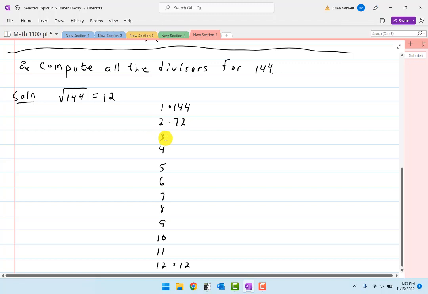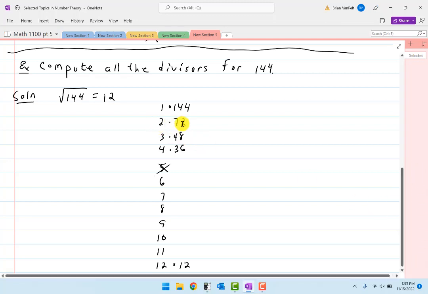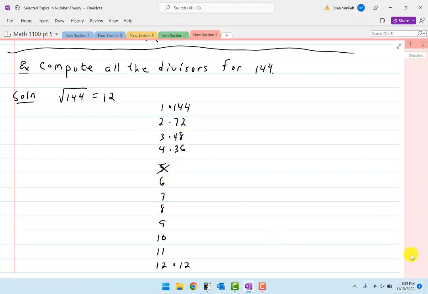So now how many times does 3 go into 144? Well, I happen to know that it's 3 times 48, 4 times 36. Now the last digit of 144 is not a 5 or a 0, so I know that 5 does not go into it. Now, since 2 goes into 144 and 3 goes into 144, I am guaranteed that 6 goes into 144.